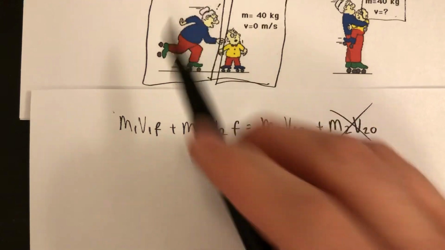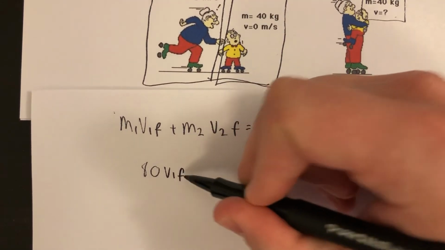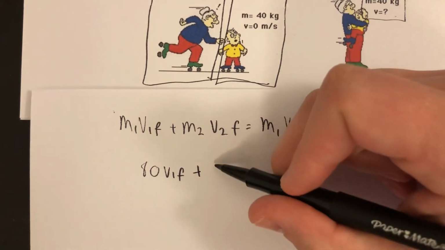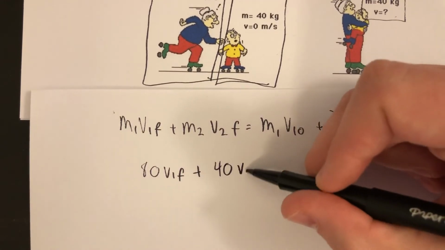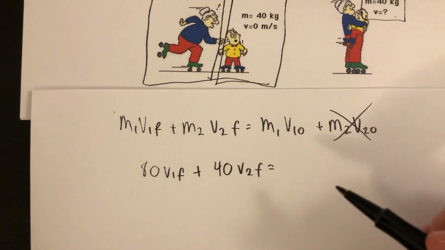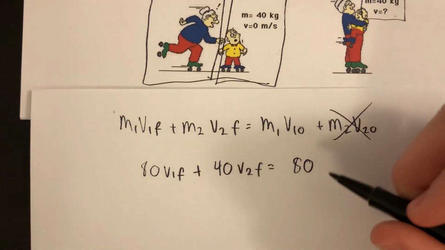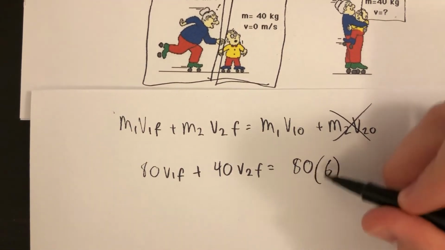So we'll go ahead and plug in the numbers now. M1, that's Granny's mass, is 80. 80 V1F plus 40 V2F equals, so M1 is 80 and V1 is 6.